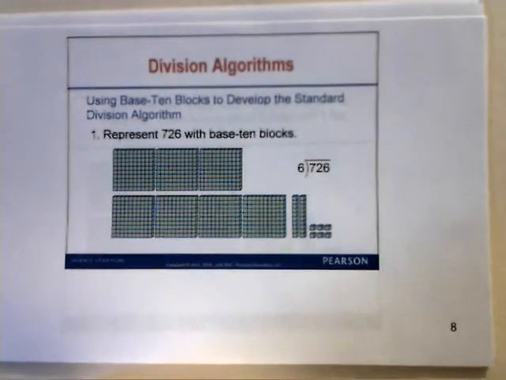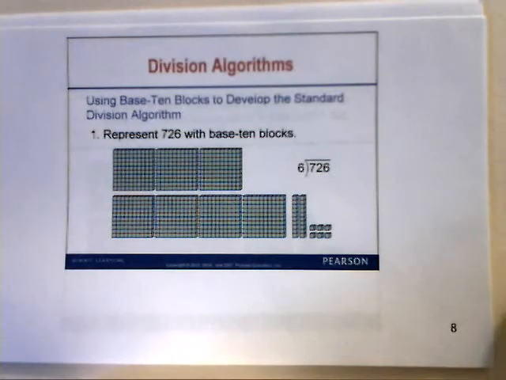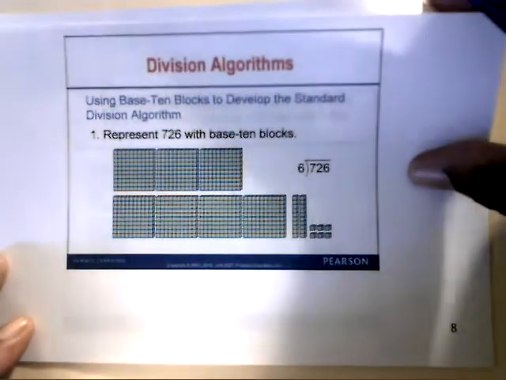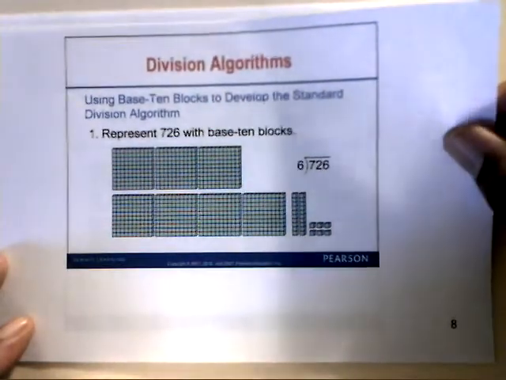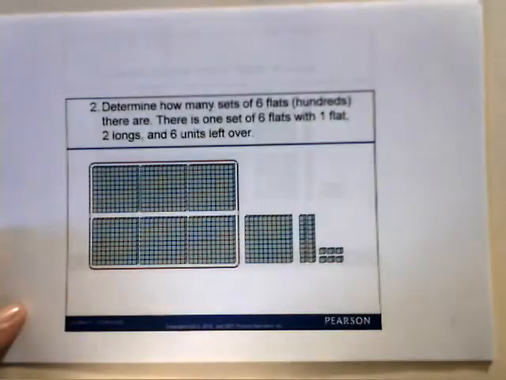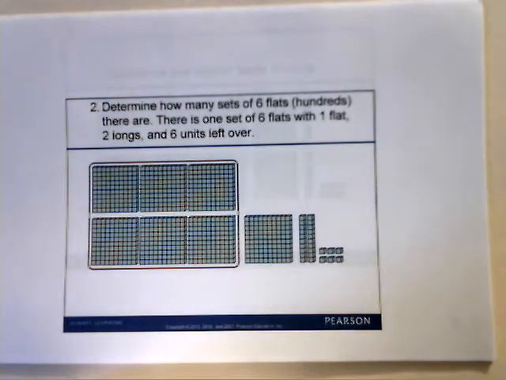Also, we can use base 10 blocks to develop a standard division algorithm. Here we want to represent 726 with base 10 blocks. Okay, so now we're dividing by 6. Now we want to determine how many sets of 6 flats there are.